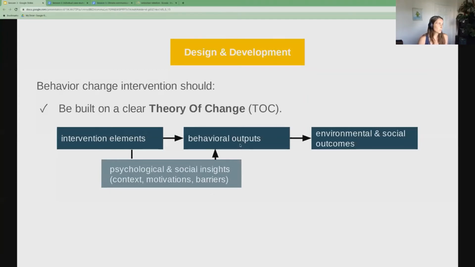So the behavioral output for our composting example is we want to get them to stop burning and start composting. And in our insight, we have found that the best way to do that is that their motivation is actually not earning money, but doing better by their local environment.